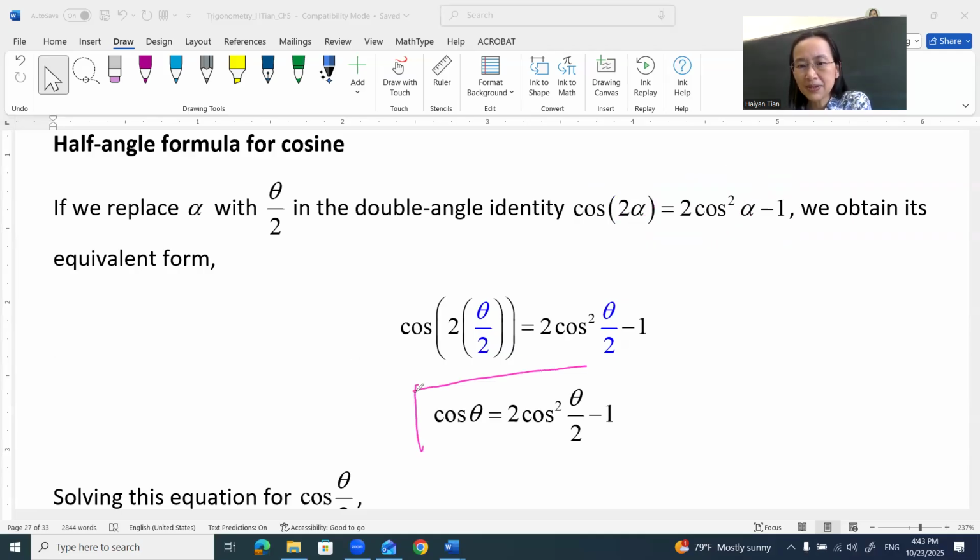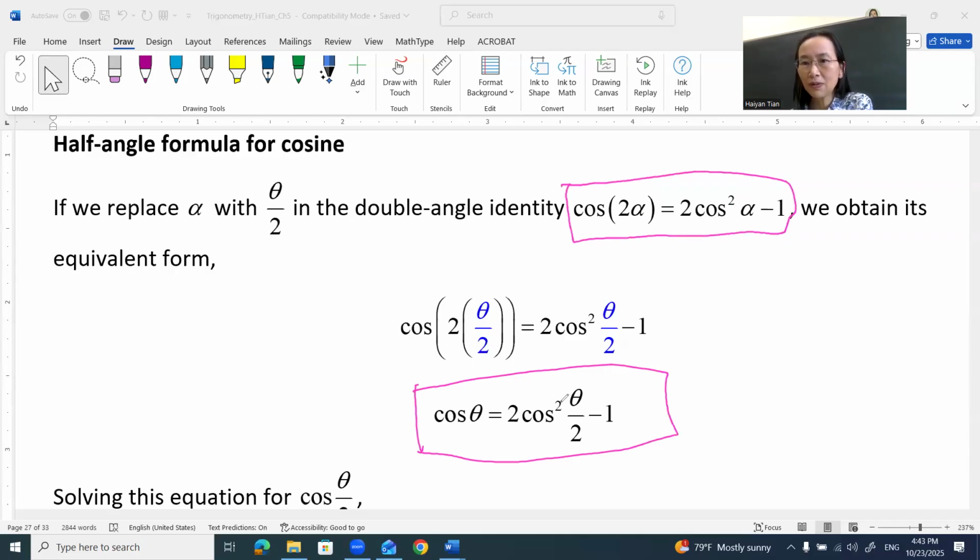So immediately you see the formula becomes this, because all I did is a change of variable. 2 alpha becomes theta, so the left-hand side becomes cosine theta. On the other side, alpha will be half of theta. So now this relates the cosine of a half angle. What's the difference from here to here? It's just a change of variable, the same identity.